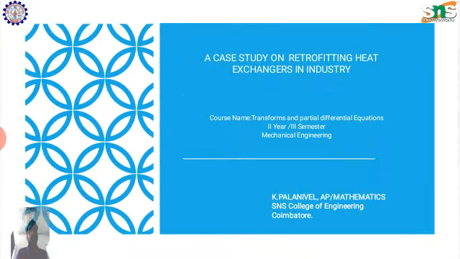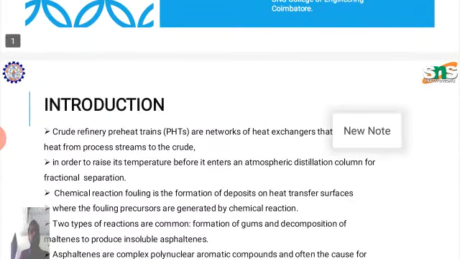A typical PHT includes units such as the desalter and flash tower, which are required to operate within a constrained set of operating parameters. The PHT is followed by a fired heater, which itself has a maximum furnace duty limit.